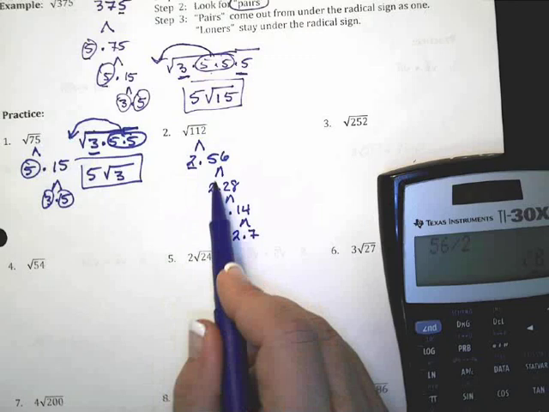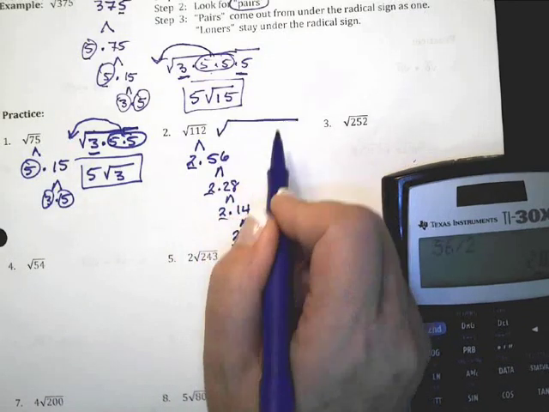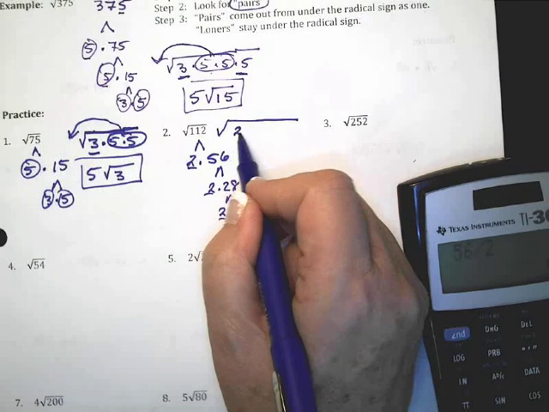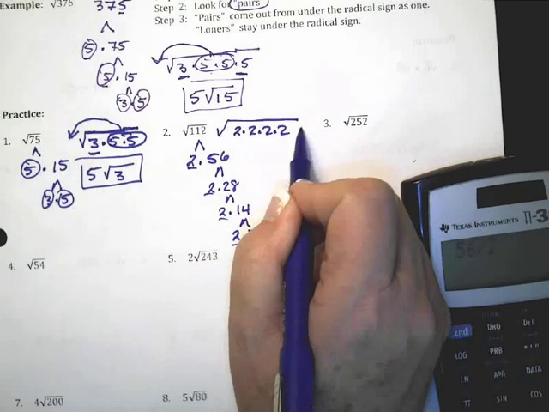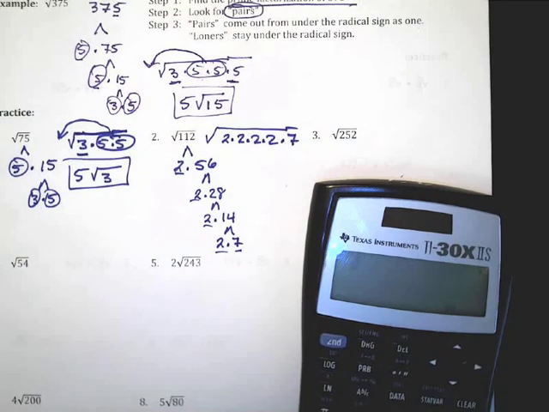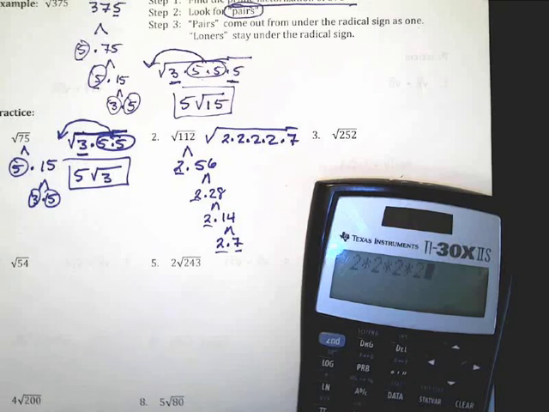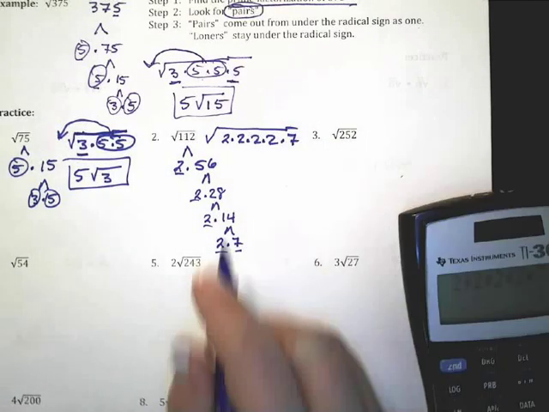So I have 1, 2, 3, 4 2's that we're listing, and one 7. Again, you can double check that: 2 times 2 times 2 times 2 times 7 will give us 112.